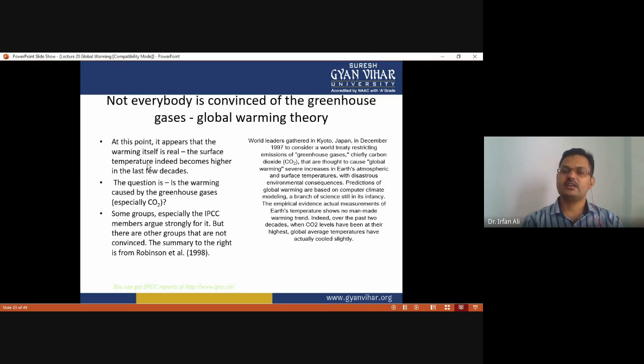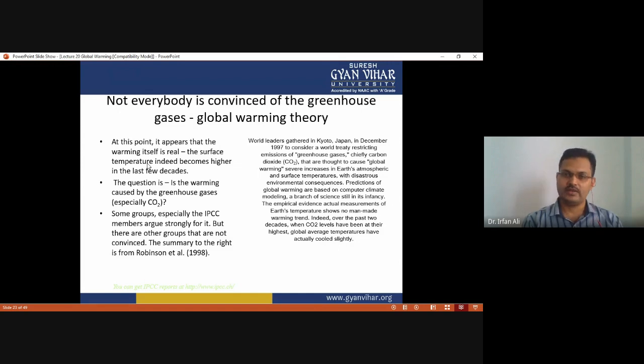Here Robinson et al. discussed that world leaders gathered in Kyoto, Japan in December 1997 to consider a world treaty restricting emission of greenhouse gases, chiefly carbon dioxide, that are thought to cause global warming and a severe increase in the Earth's atmosphere and surface temperature, with disastrous environmental consequences.